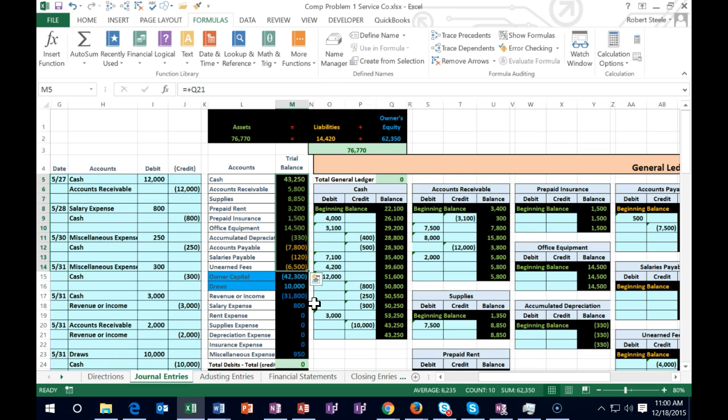But it's currently broken out between basically the beginning balance and or investments, and what was taken out, and all of what was earned through that time period. So if we highlight this second half, we also come out to this 62,350, which we have up here, 62,350. So keep that in mind. You can look at this trial balance and spend some time looking at the trial balance and highlighting different things and seeing how this ties out to the accounting equation.